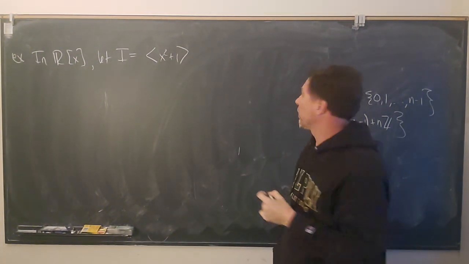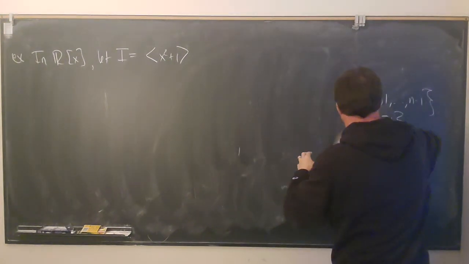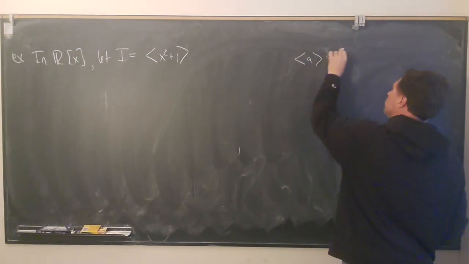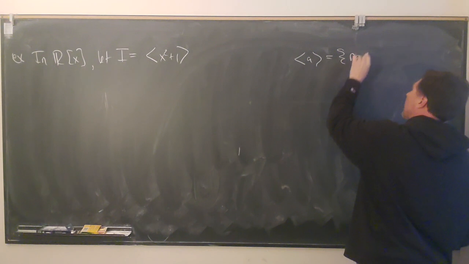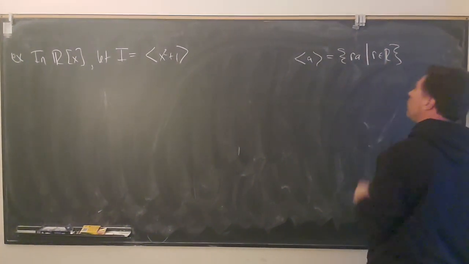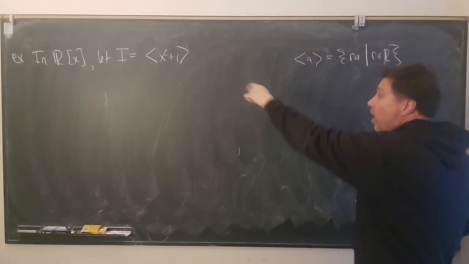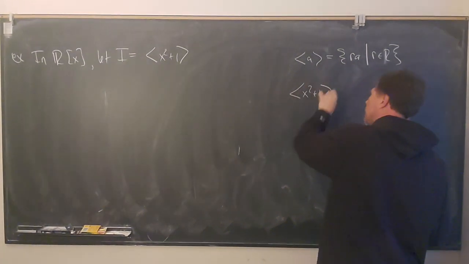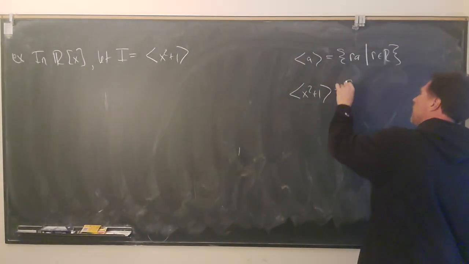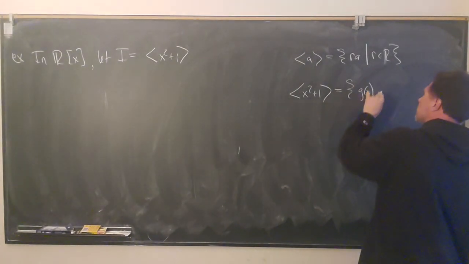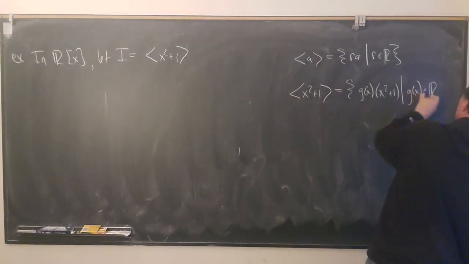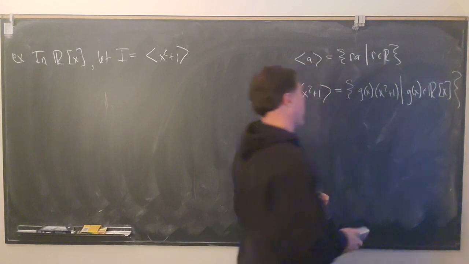Remember, the ideal generated by a is equal to the set of all things of the form r times a, where r runs through all of R. So in our case, the ideal generated by x squared plus 1 is all things of the form g of x times x squared plus 1, where g of x is any polynomial in R bracket x.